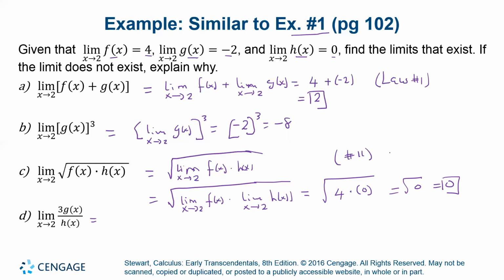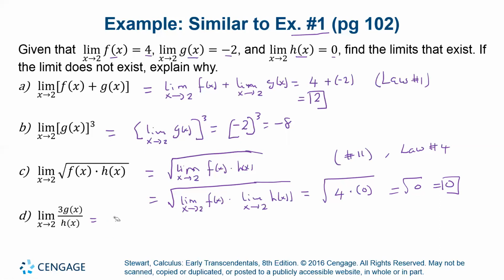And then finally, we have the last one, which we can write as, so here I'm using law number 4 to evaluate it. Now let's go to the next one. So we're going to write this as the limit as x goes toward 2. Let me erase this.